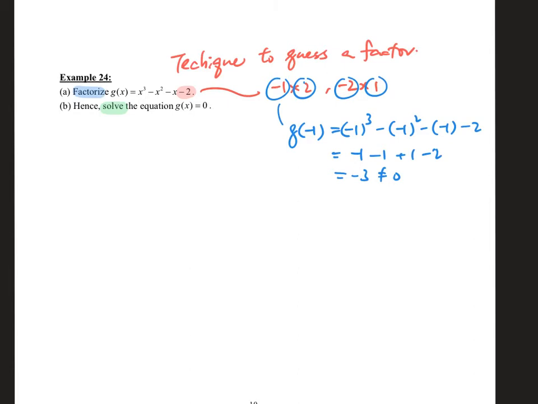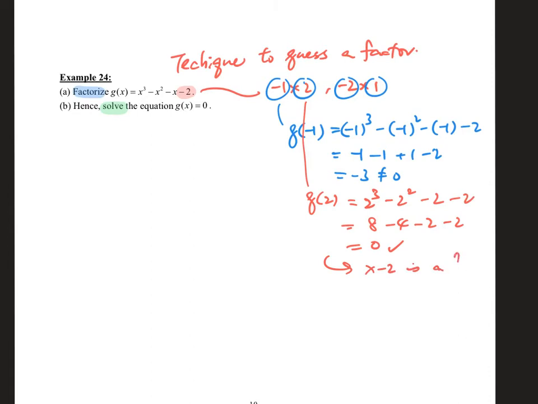You can also check for 2. Maybe I'll check it with you here. g(2) is 2 cubed minus 2 squared minus 2 minus 2, which gives you 8 minus 4 minus 2 minus 2. Oh, that's good. It's 0. So in this very quick check, you will see that x minus 2 is a factor. That's our proper start.